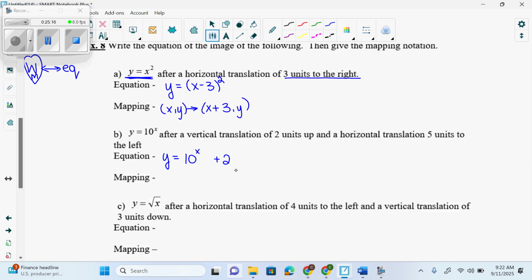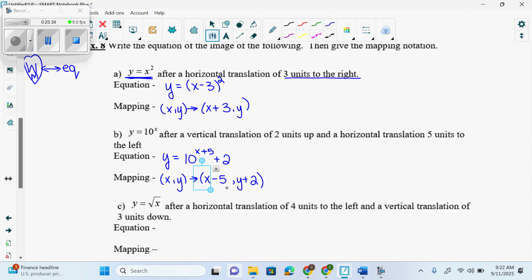And then 5 units left, I need to go x plus 5 because it's always the opposite. In an equation, it stays with the x. Then my mapping and words are the same. So if I want to go 2 units up, I'm going to go y plus 2. If I want to go 5 units left, I'm going to go x minus 5. I do as I say.